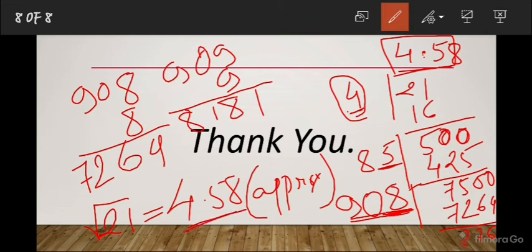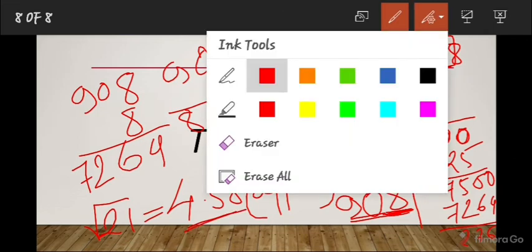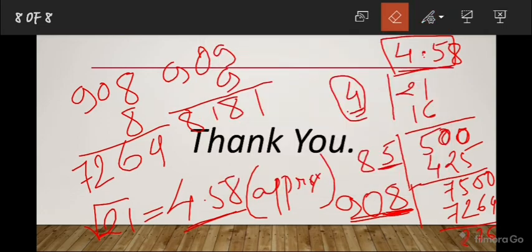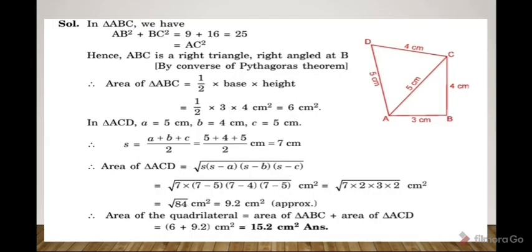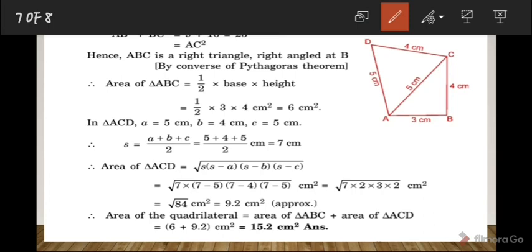Now put this value, look at here. Okay, look at here. I told you if you simplify it you will get root 21. Now you got the value of root 21 as 4.58 approx. Okay, now just do the multiplication. 9.16 approx.